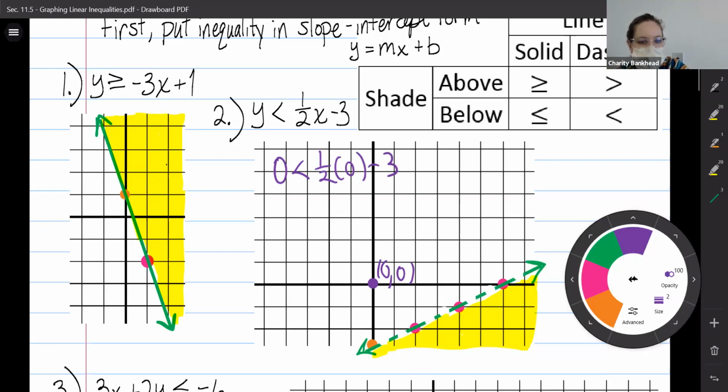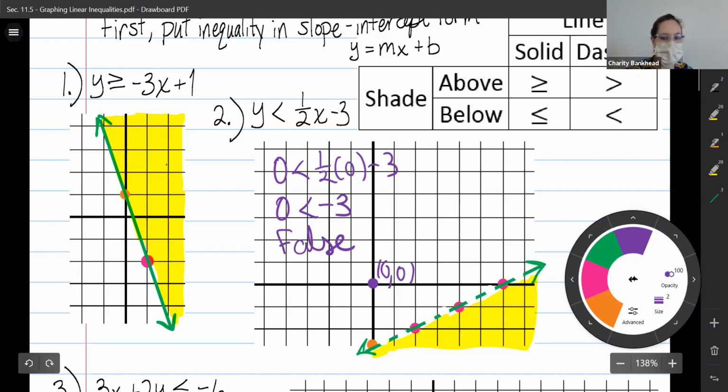So if I simplify that, it says 0 is less than -3, which is false. So because that's false, that means don't shade this region that has this point in it. So that's just another way to check which side you're supposed to be shading.